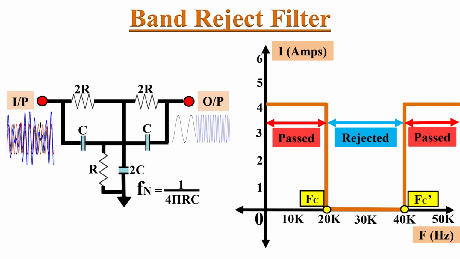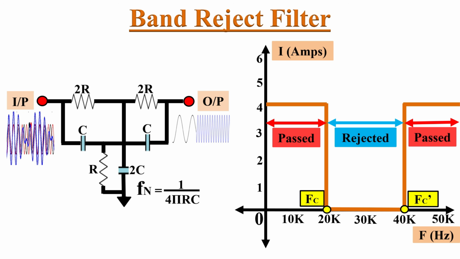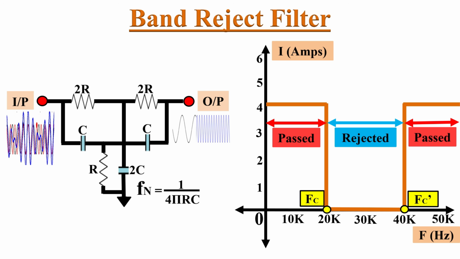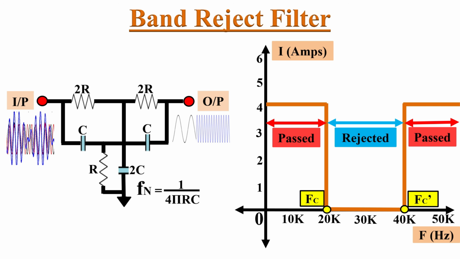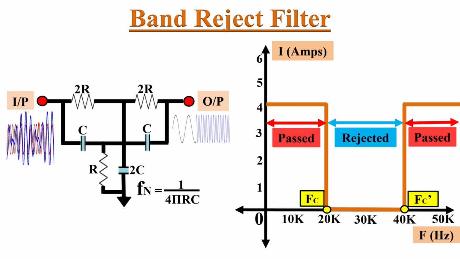So this band reject filter passes all frequency signals below cutoff frequency FC, that is 20 kHz, and also passes all frequency signals above cutoff frequency FC', that is 40 kHz, but rejects all frequency signals between these cutoff frequencies, FC 20 kHz and FC' 40 kHz. A band reject filter works quite opposite to a band pass filter.